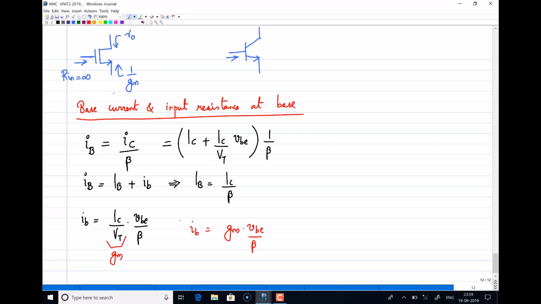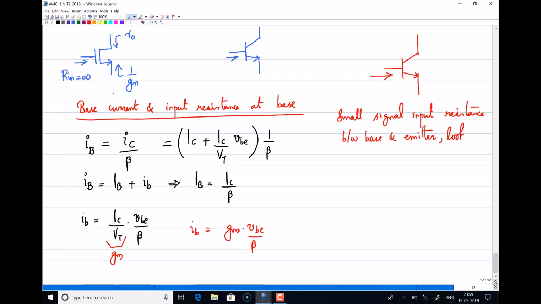Now this is the transistor and I am looking at the base. The small signal input resistance between base and emitter, looking into the base: I can find the impedance looking into the base as well as looking into the emitter.